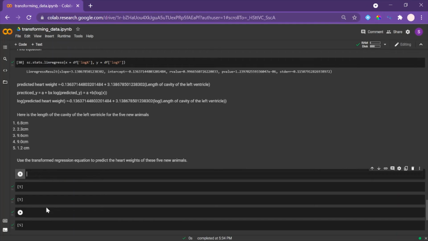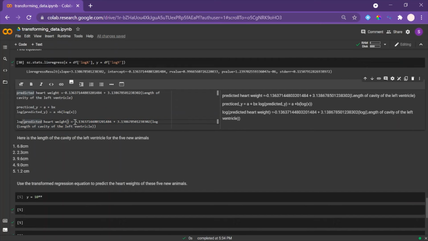Well, the way to cancel out a log is by raising it to the 10th power. So when we do that, we're just going to have y, our predicted y, and then we're going to have everything else raised to the everything else. So that's going to end up being our actual equation.